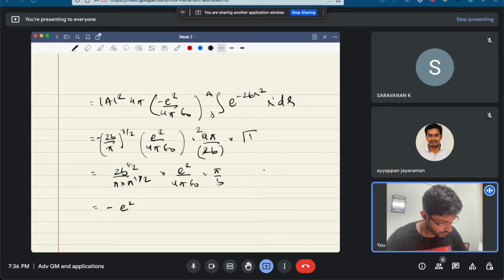Okay, so 2 is actually cancelled out. Sorry about this mess. This 2b is already cancelled out with the 2b half. Okay, so that remains 4 pi epsilon naught. What we essentially get is 2b by pi.